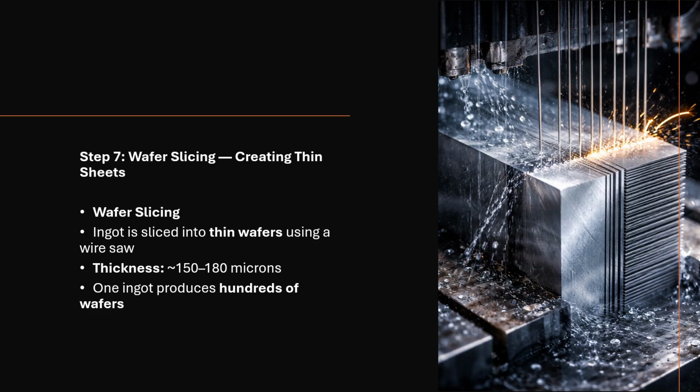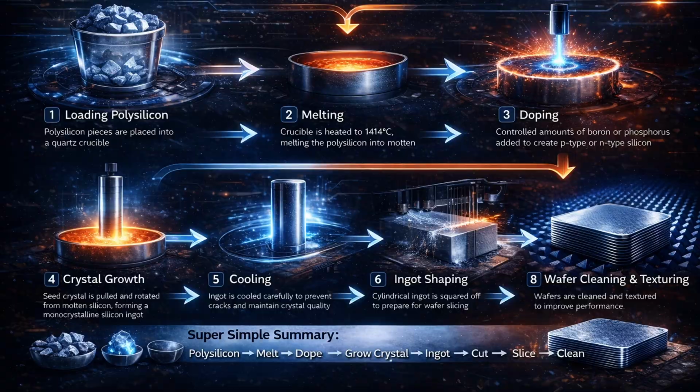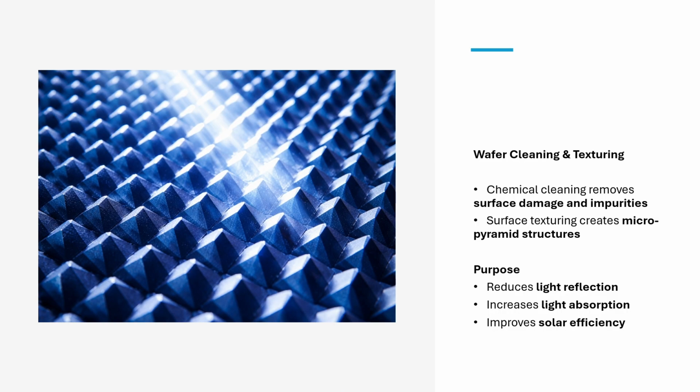The thickness is almost 150 to 180 microns. After cutting the ingot, the wafers are not perfect, so they go through chemical cleaning. Why? Because it removes damage and impurities. Then they do surface texturing, which creates tiny pyramid structures. You can see the tiny pyramid structures.